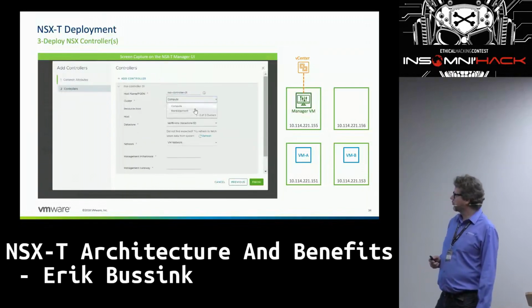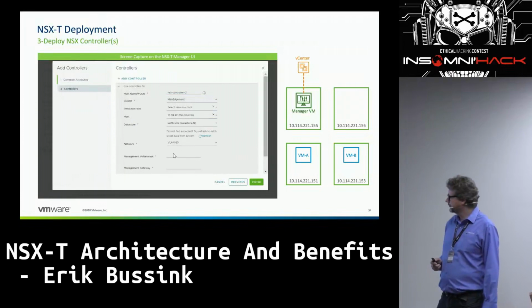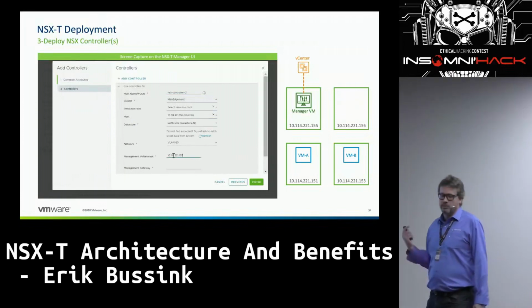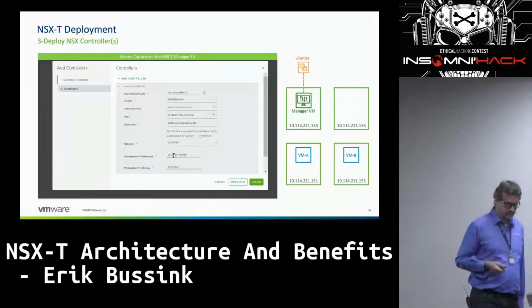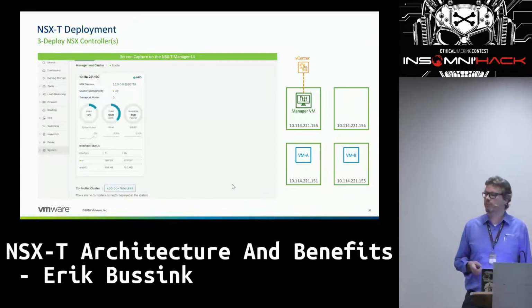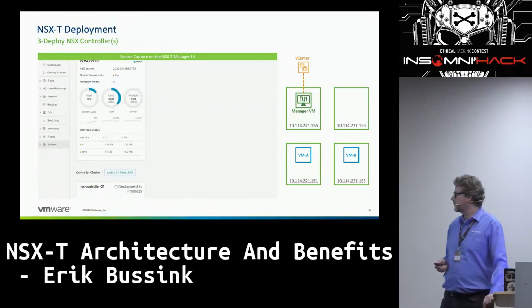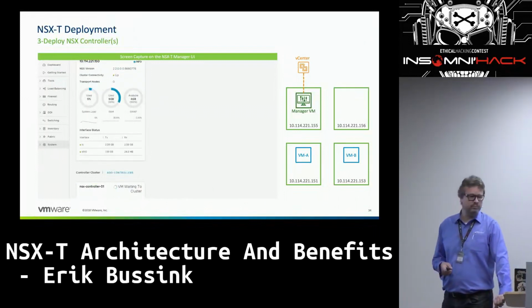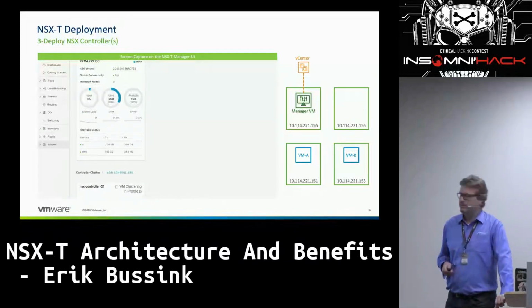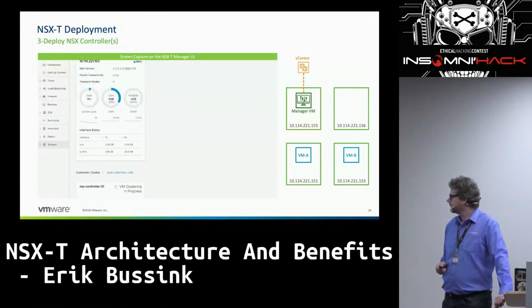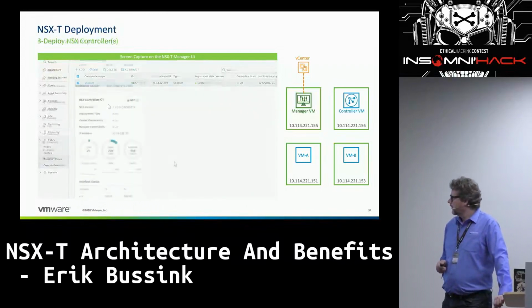So NSX controller 1. In this demo, we only deploy 1, but in production, you would need 3 to make sure that you've got enough capacity and fault tolerance, and you'll put anti-affinity rules on those virtual machines.